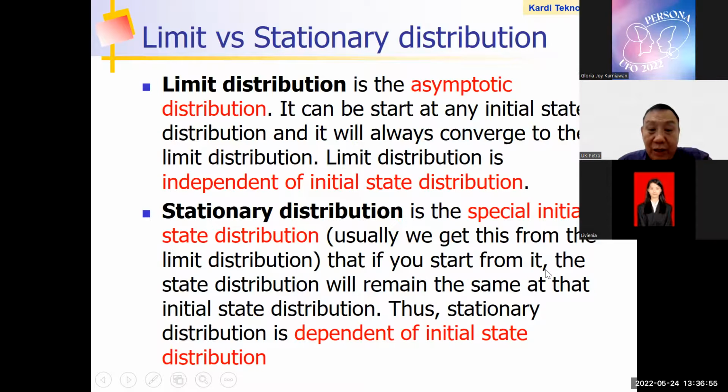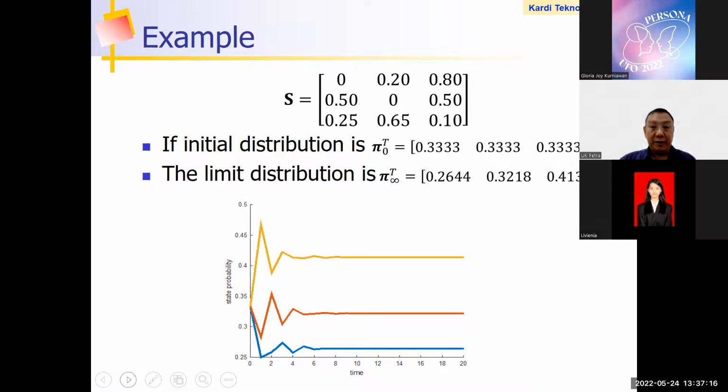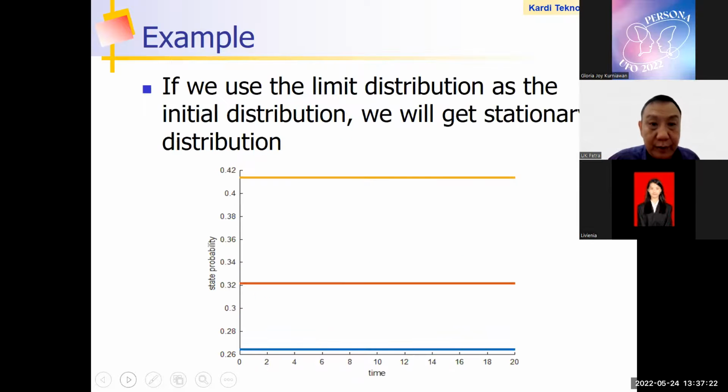If you start from it, the state distribution will remain the same as the initial state distribution. So in this case, stationary distribution is dependent on the initial state distribution. Can you see the difference? One is independent, the other one is dependent.